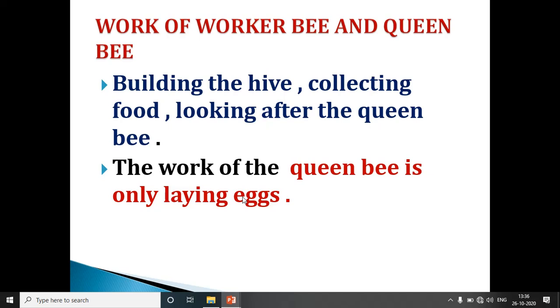All other work is done by worker bees. Understood, children? So what is the work of the worker bee? They build the hive, collect food, and look after the queen bee. But the queen bee is only laying eggs.